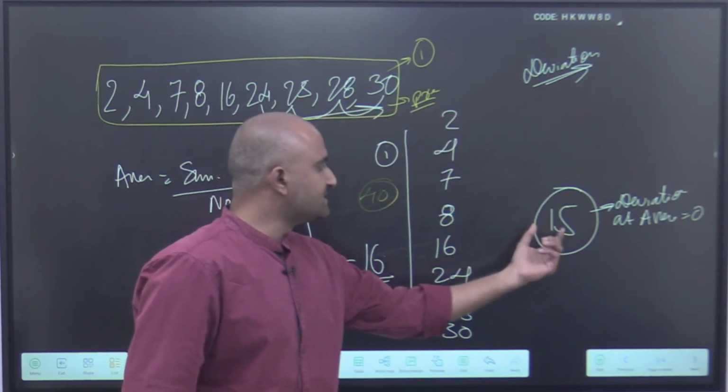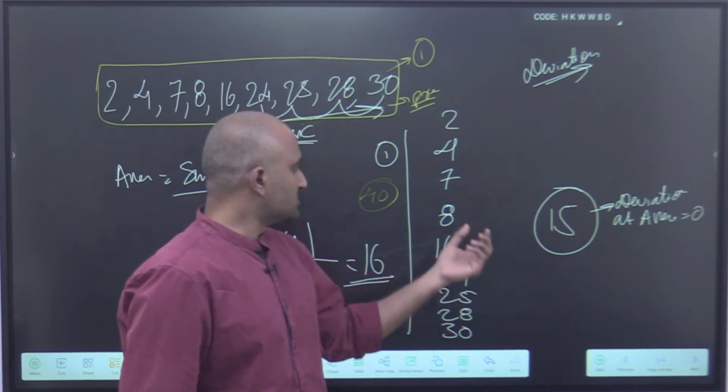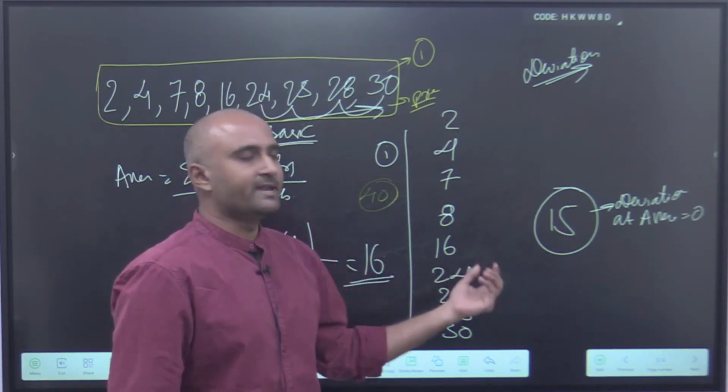Now let us see the deviations at 15, because I have just taken a random number and taken it as 15.